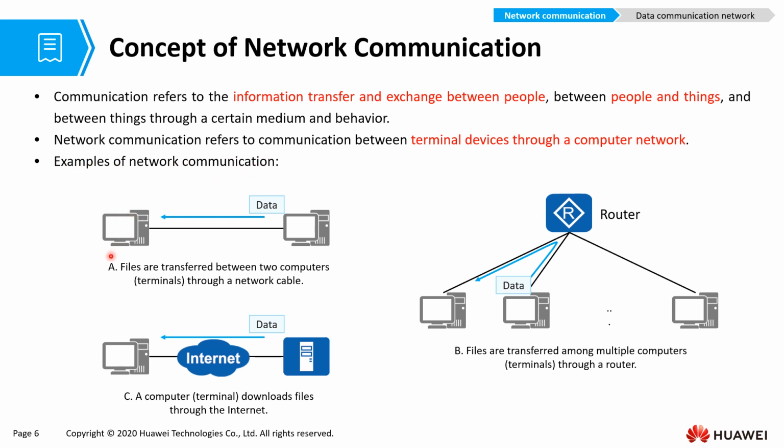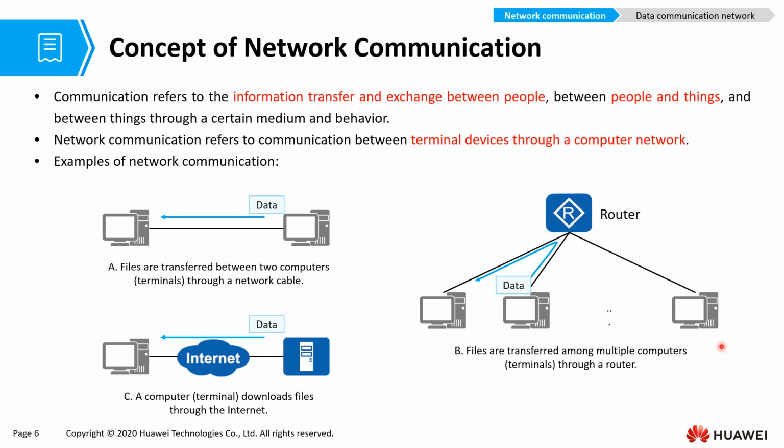First example, files are transferred between two computers through a network cable. In this example, two computers connected with a network cable form the simplest network. Second example, files are transferred among multiple computers through a router. A small network consists of a router or switch and multiple computers.